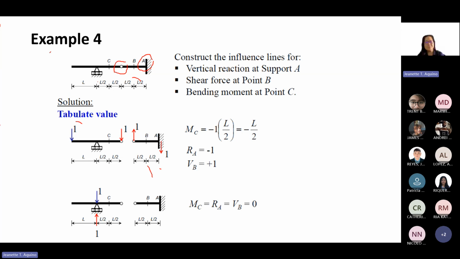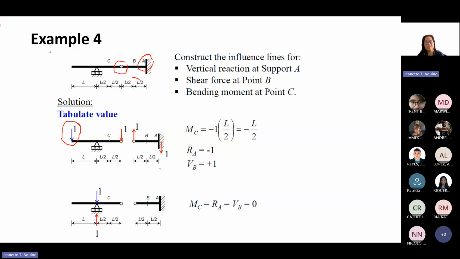Instead, we put this loading at a known location so that we would know the exact value. So first, we put the load at 0 here, and then we resolve the reaction at A, and then moment at C, and shear at B.